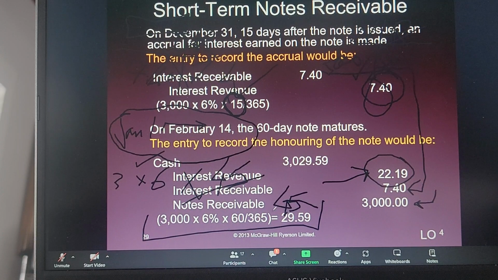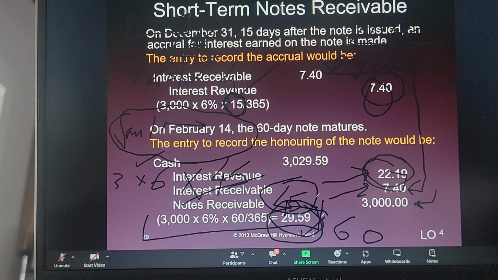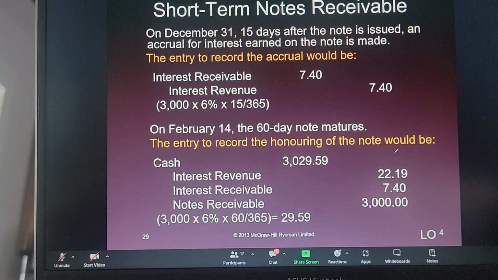What he did, he calculated the total 60 days, which came to 29.59, and subtracted the 740 for 15 days. This is the rest. So this is the same. You can do it right away by 45 days, or calculate the 60 days, find the total interest, and this is the rest. It's clear, guys?